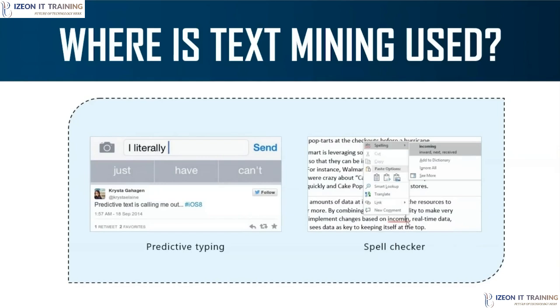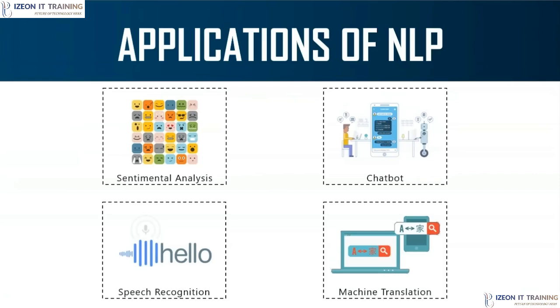Next, we have predictive typing and spell checkers. Features like autocorrect, email classification are all applications of text mining and NLP. Now we look at a couple of more applications of natural language processing. We have something known as sentimental analysis. Now, sentimental analysis is extremely useful in social media monitoring because it allows us to gain an overview of the wider public opinion behind certain topics.